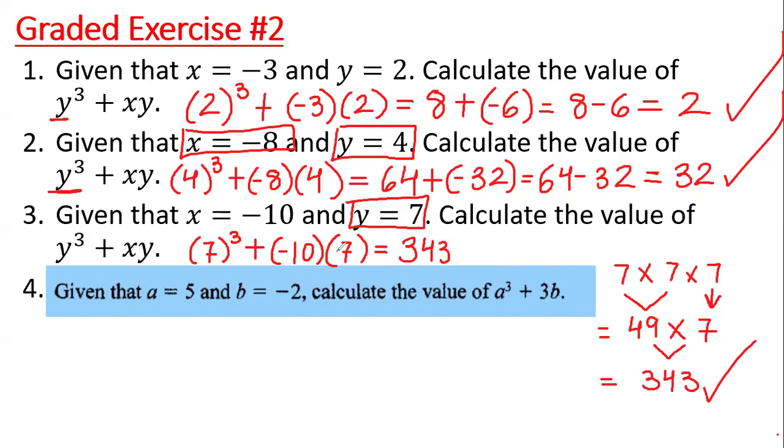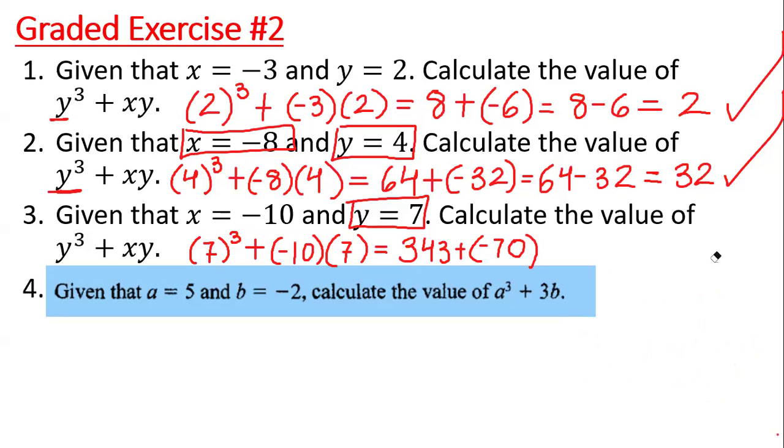Ren, what is negative 10 times 7? Negative 70. Very good. So we have 343 plus negative 70. We know that a positive times a negative is going to be equal to a negative.